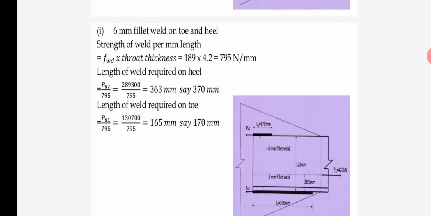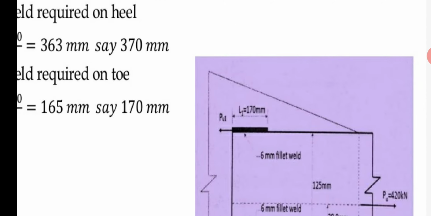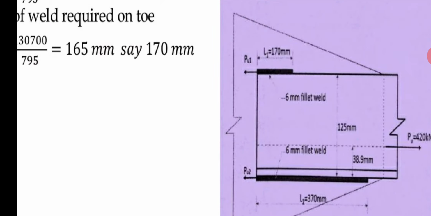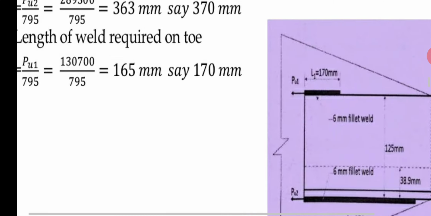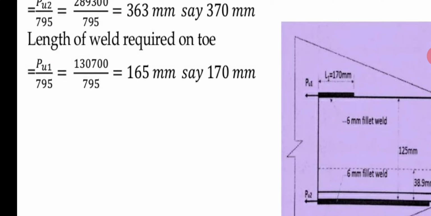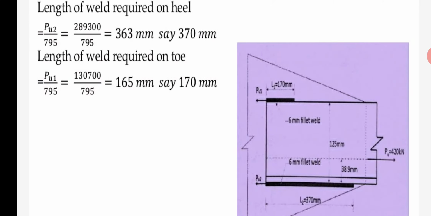Now we decide the length of weld required at heel and toe. First, the length required on the heel. You can see in the figure that at the heel PU2 is connected and at the toe PU1 is connected.